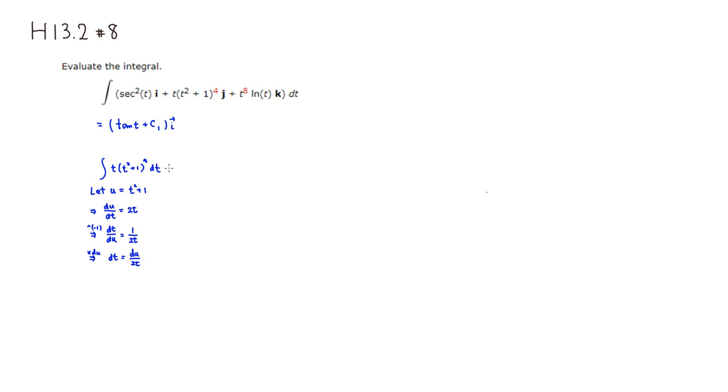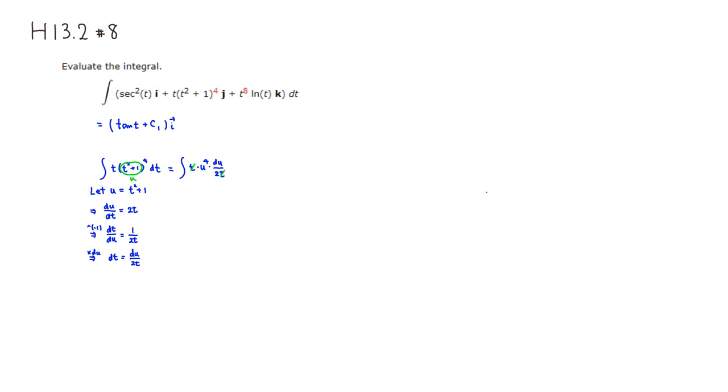So this is going to be rewritten as an integral. I'm going to leave t as it is, and we decided to call this u, so we have u to the fourth power, and the dt can be rewritten as du over 2t. Now we can cancel t on top and t on the bottom.